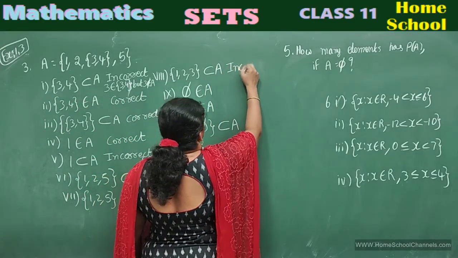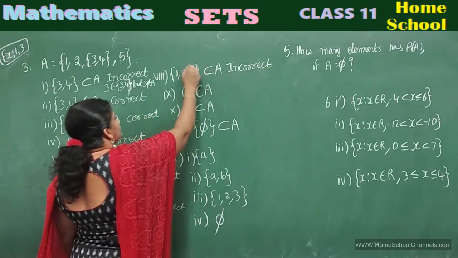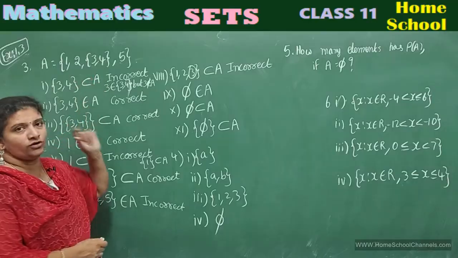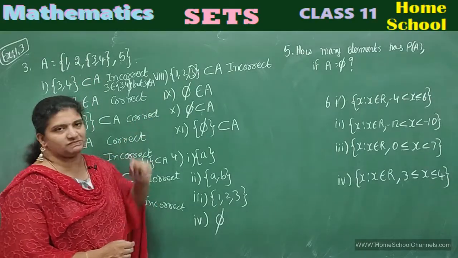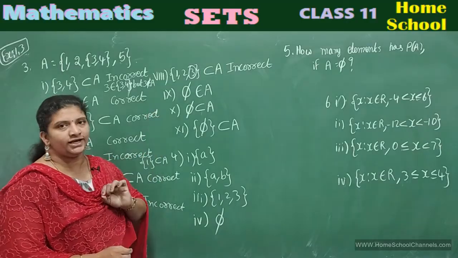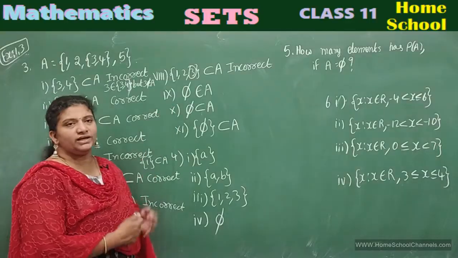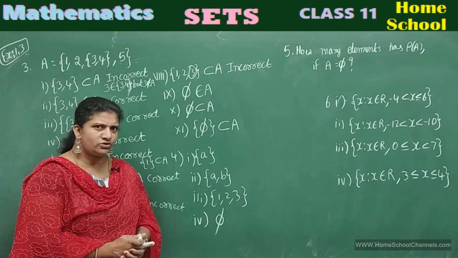Why? 3 is not separate. If you write 3 along with 4 as a set inside, I can say that it is a subset. Now it is not a subset. It is incorrect. Next one: the empty set belongs to A.